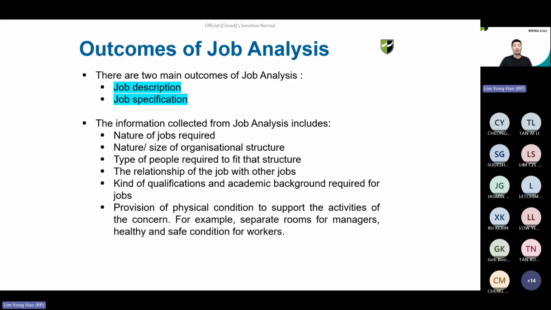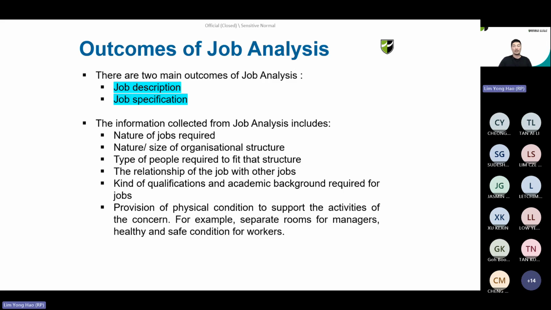There are certain attributes that you want in terms of the people to fit the work. The job description may not have this, but sometimes they are described, like who you report to, and the job in relation to other jobs, like qualification, academic background.